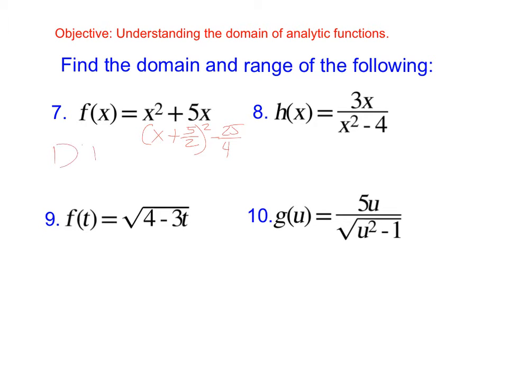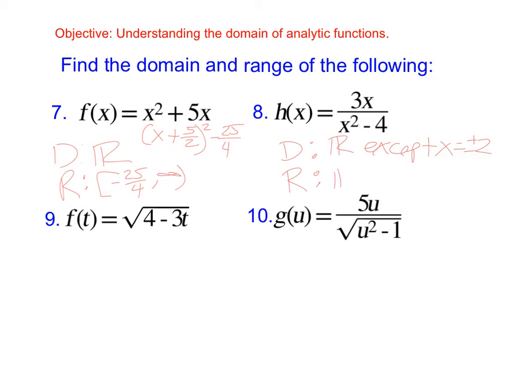So our domain, all real numbers, our range, negative 25 over 4 to infinity. This one, denominator cannot equal 0, so all real numbers except x equals plus or minus 2. Our range is all real numbers. So when there's an x on top, it's typically all real numbers for that.